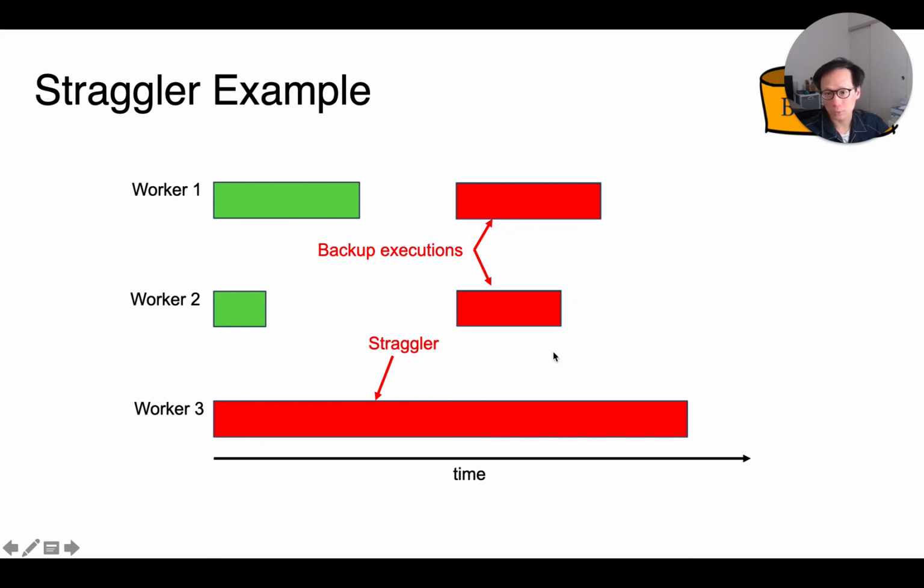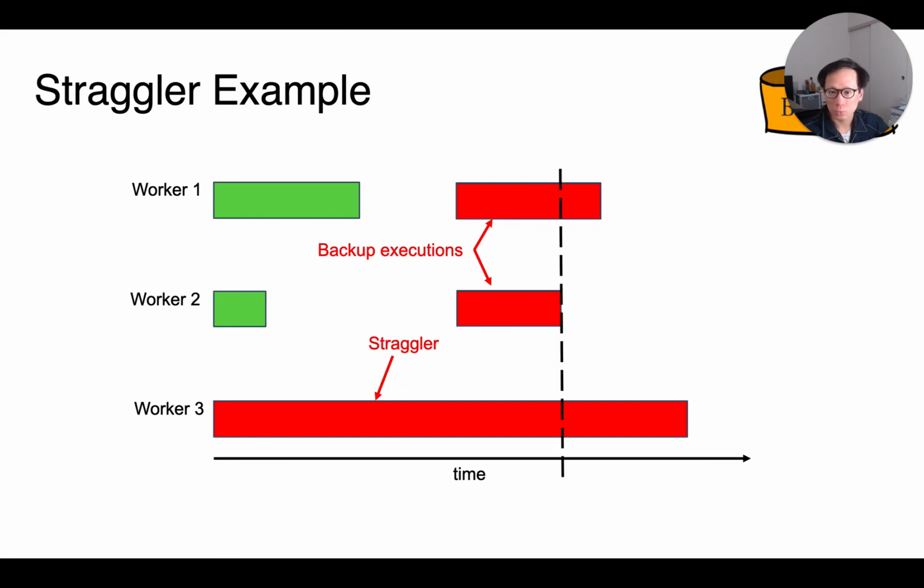We can do this because, as you recall, both map and reduce programs do not keep state across different inputs. So we can simply ask another worker to start reading the same input that was passed to worker 3 earlier and process it while worker 3 is still running, as long as the workers write their outputs to different files.